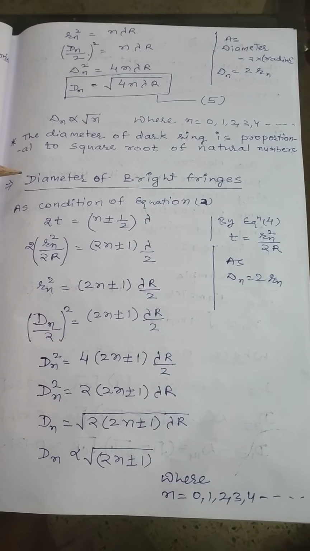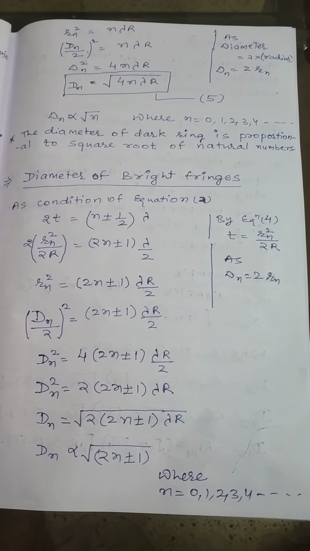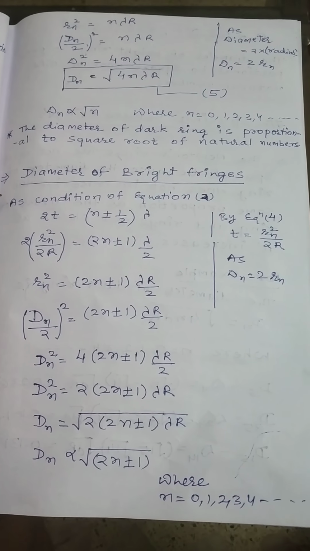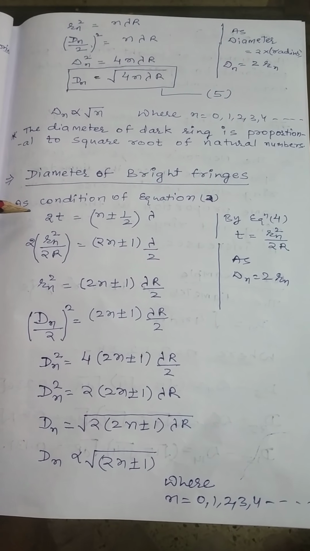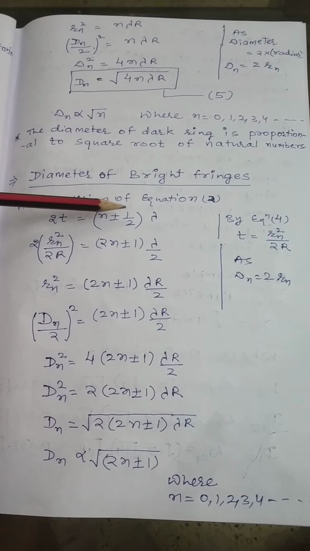Next, we calculate the diameter of the bright fringe. For the bright fringe, from the previous condition of equation 2, we have already determined 2t equal to (2n plus minus 1) lambda by 2.